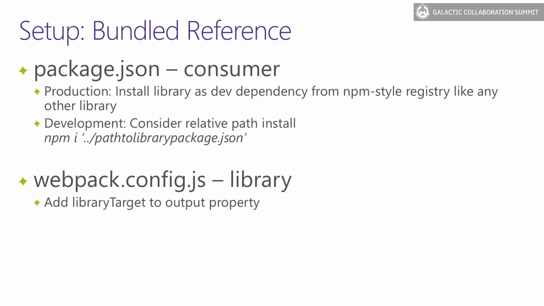But if you were going to do that, then in the production instance, you would install the library the same way as an NPM style library, and it'll get bundled in. But if you're in a development mode when you're building that library, then you could consider just doing an npm i with a relative path to the package.json of the solution that you're consuming. And then in the library itself, you would update the Webpack config so that you add that library target.